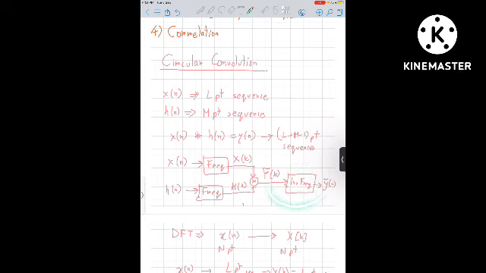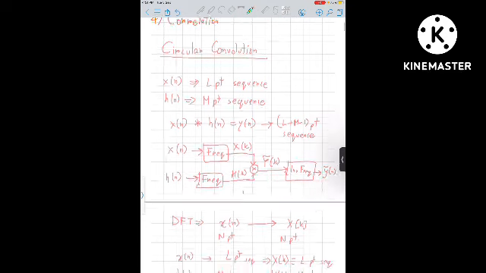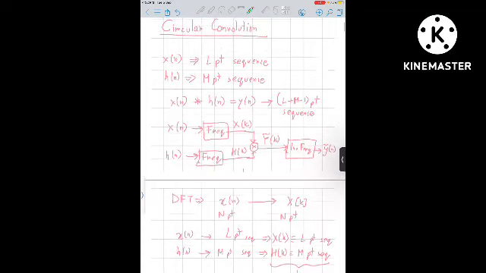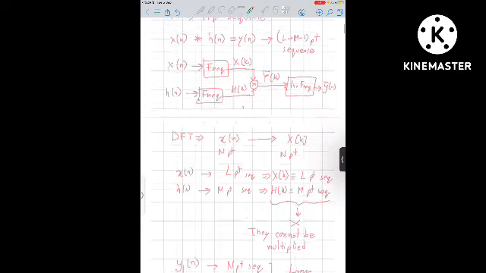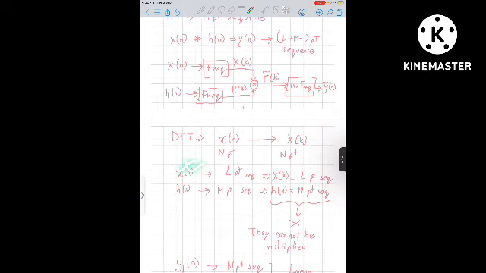Now in real-time computers, the frequency domain transformation that we use is the DFT. So what does a DFT do? A DFT transforms an N-point sequence into another N-point sequence, from the time domain to the frequency domain. But here is a catch. x[n] is an L-point sequence and h[n] is an M-point sequence.